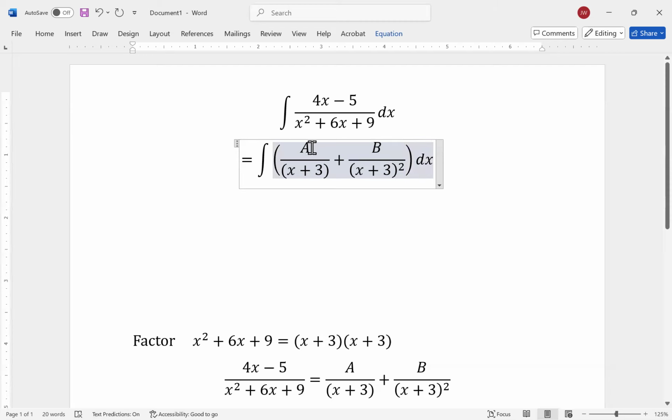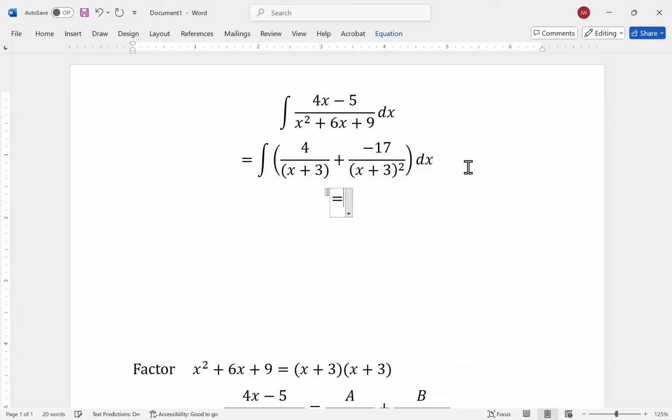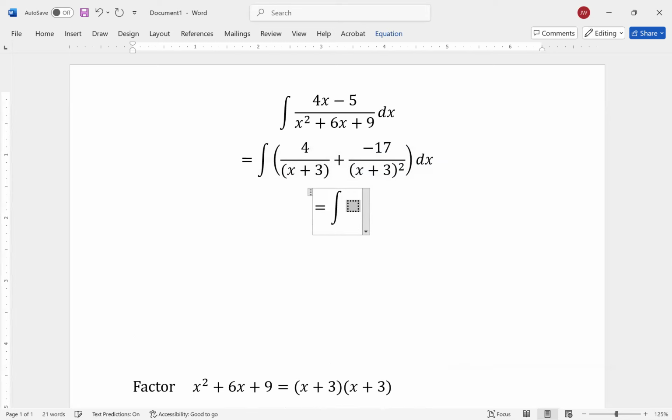And now I know that the number over the x plus 3 was a 4, and the number over the x plus 3 squared was a -17. Now don't get too much in a rush. This one, 4 over x plus 3, integrates as natural log.